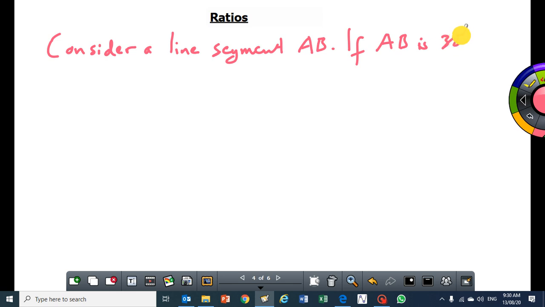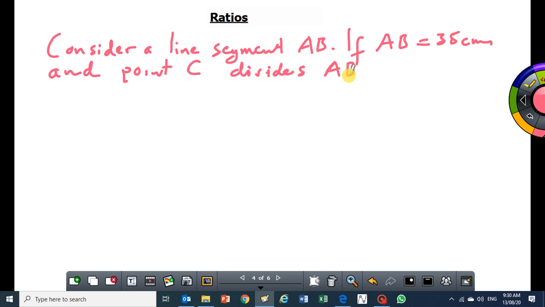AB is equal to 35 centimeters, and point C divides AB in the ratio.